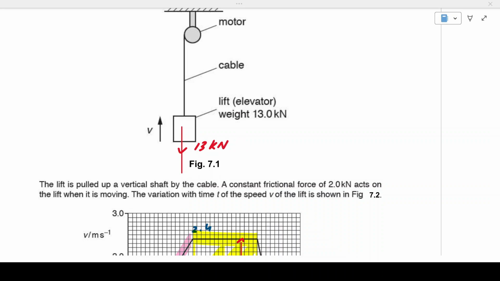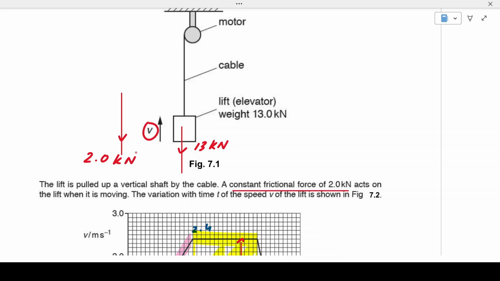All right, let's talk about the total force. In order to find the force, one of the forces vertically downward is the weight of this elevator, 13,000 Newton, and it's moving upward, so the frictional force would also be downward. Velocity is upward, so the frictional force is downward, which is 2 kilonewton.